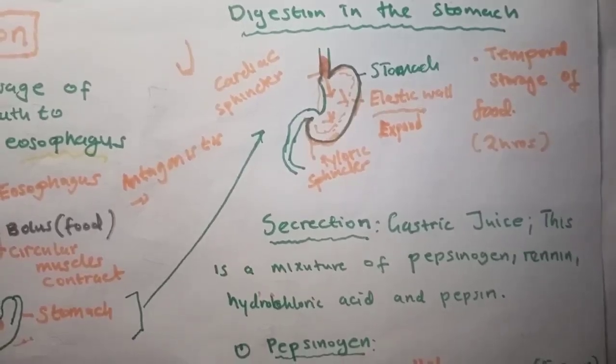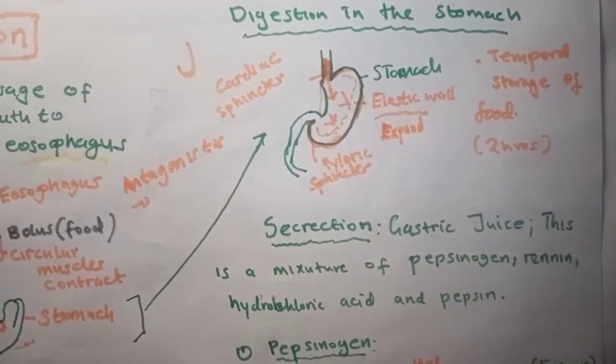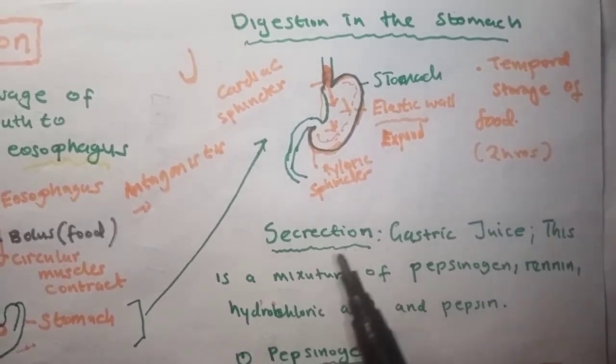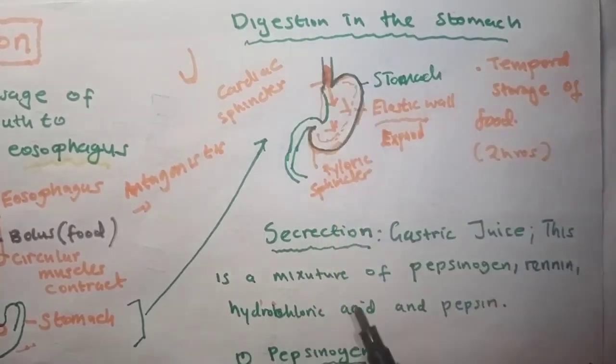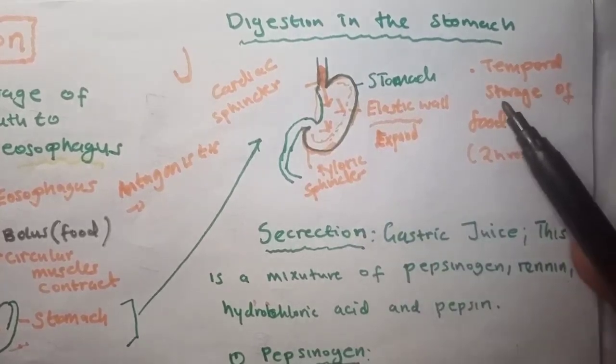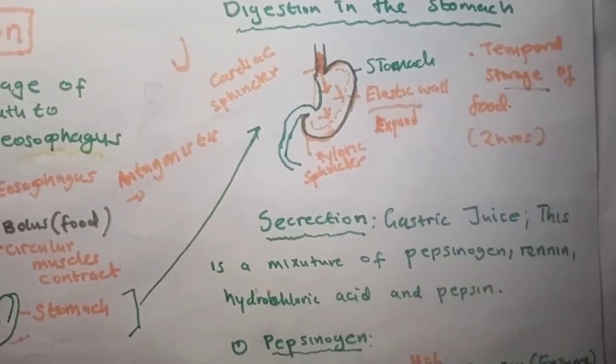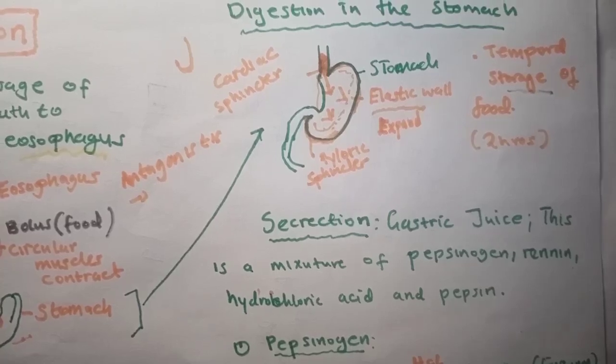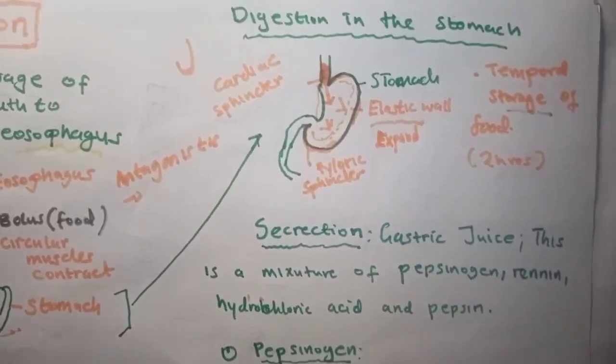It is elastic. So what's the function of the stomach? Apart from digestion, the other function of the stomach is simply to temporarily store food. So the stomach stores food. It can store food for at least 2 to 3 hours.